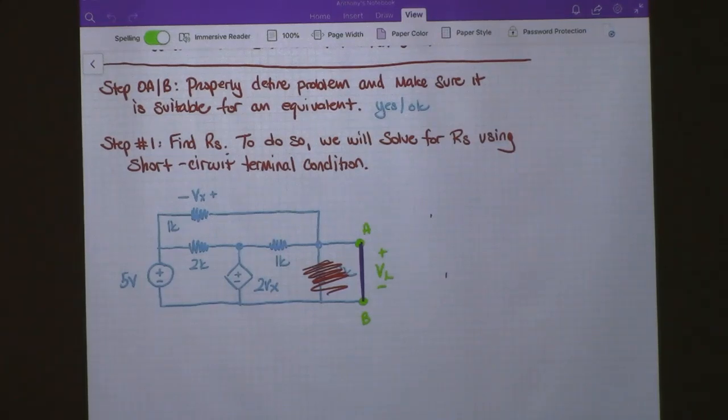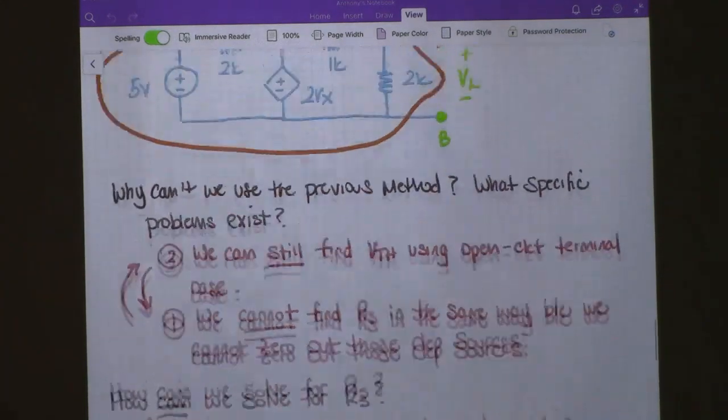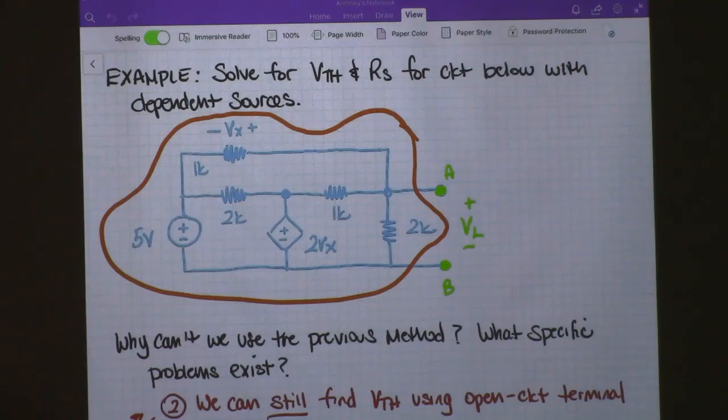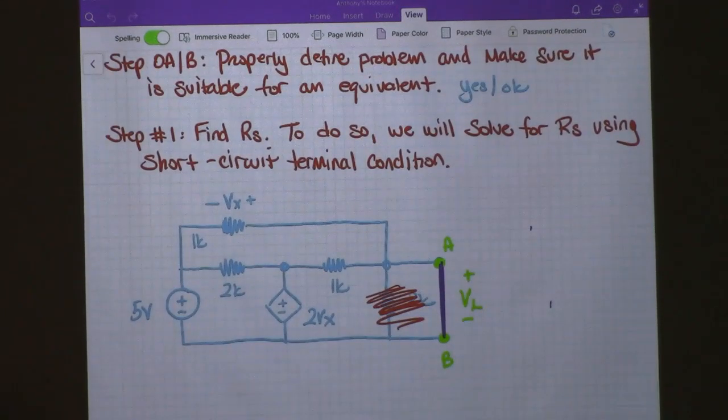All right, so we have this circuit. We're trying to find the equivalent for what's in the orange, and this is what the circuit looks like once we apply the short. So that 2 kilo ohm resistor is going to go away.